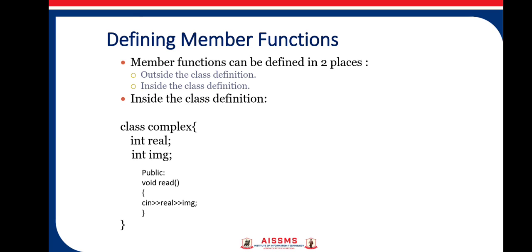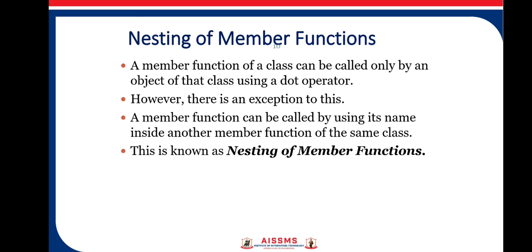So these are two ways of defining a member function in C++. First is outside the class by using the scope resolution operator and the syntax which we have discussed, and the second, very simple method is defining it inside the class in the way we have shown in this slide.